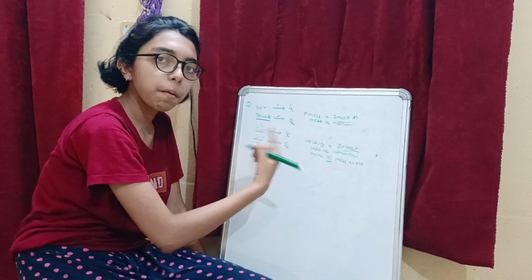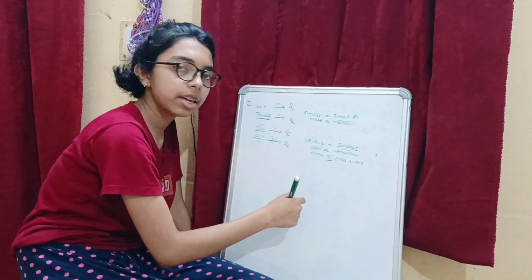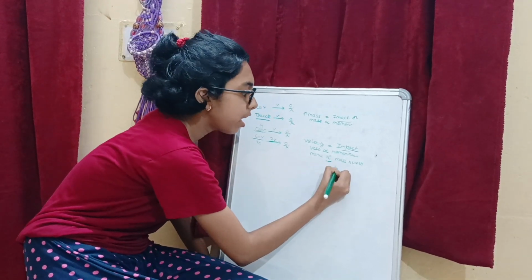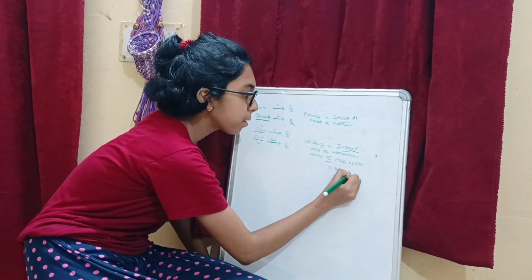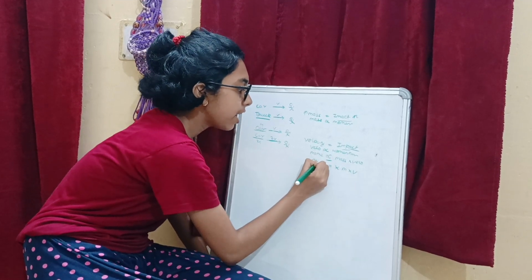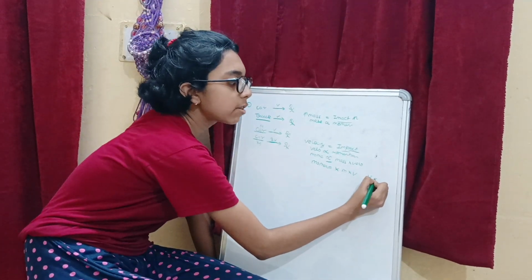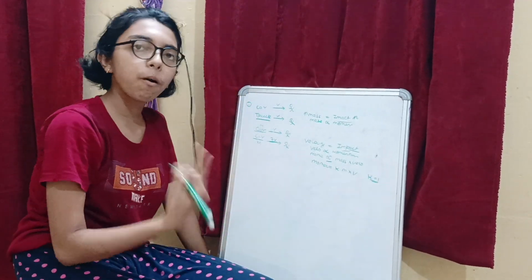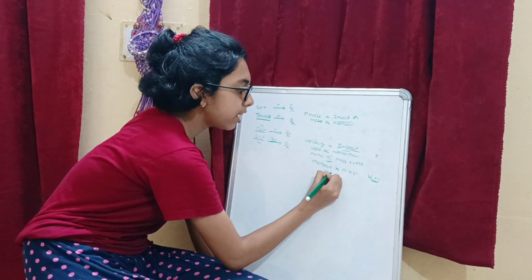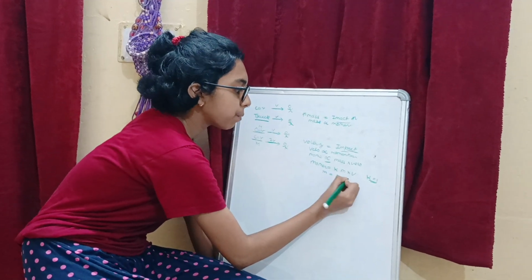When we remove the proportionality sign and put an equal sign, we add a constant, k, so momentum equals k times mass into velocity. Now let's put k as 1, then the final formula of momentum is m into v.